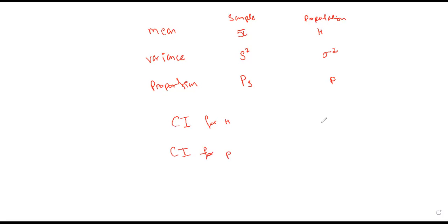So it's quite self-explanatory. We'll have mu here, we'll have p here, less than or equal to x bar minus sigma z by under root n, x bar plus sigma z by under root n, less than or equal to.